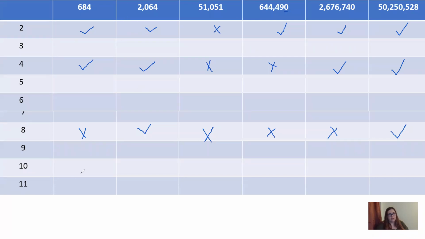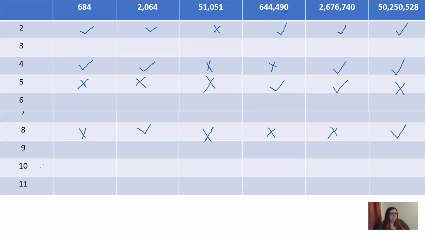But if it's any other number, then no. So we have no, because the last digit is a 4, last digit is a 1. We have a 0, so yes. Another 0, so yes. And then no.